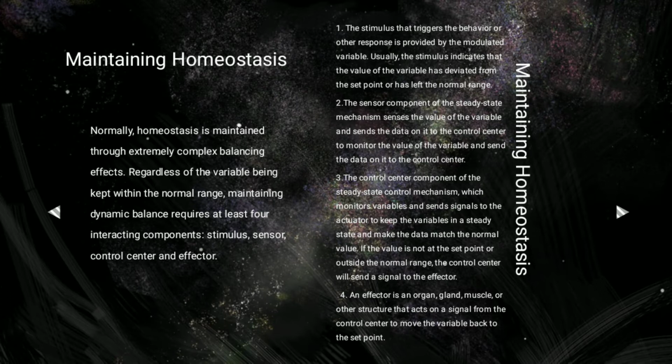The control center is a component or mechanism which sends signals to keep a variable steady. The control center is the signal sender to an effector. The effector is an organ, gland, or muscle. The effector is the one that tells what will happen to the body.